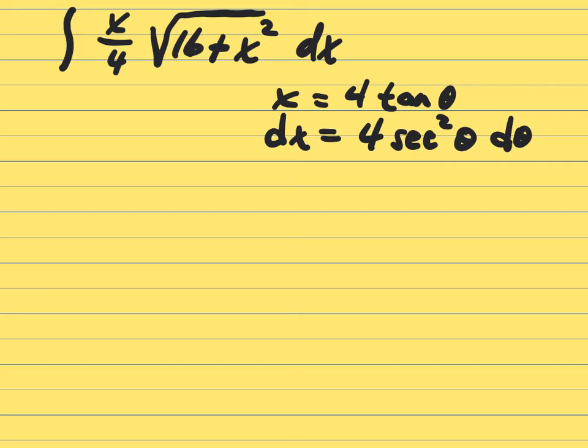And when we go back to the original problem and make our substitutions, I am going to factor out the 1/4, and that'll get the fraction out front, and it won't be in the way when we start making substitutions. X, we'll just make a direct substitution, 4 tangent theta.